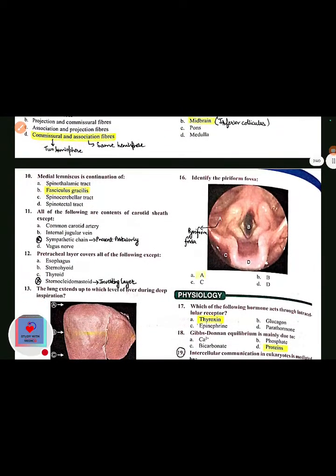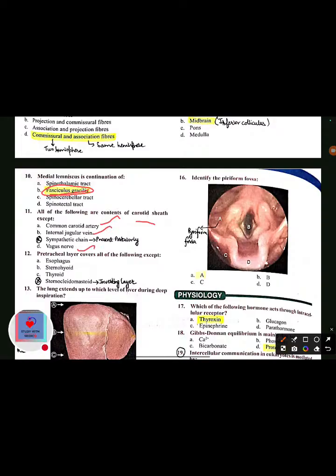Medial lemniscus is a continuation of fasciculus gracilis. All the following are contents of the carotid sheath except: the carotid sheath has the common carotid artery, internal jugular vein, and vagus nerve.